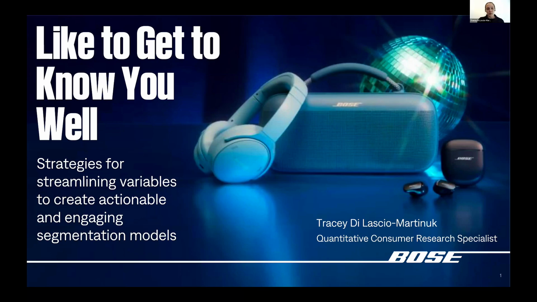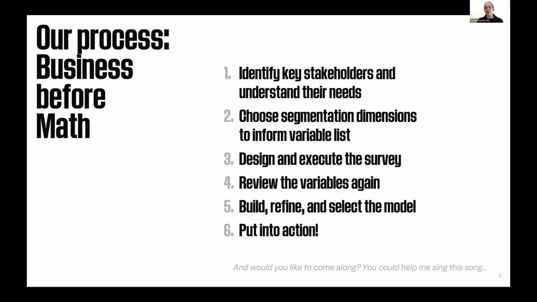And so I will walk you through the first couple of steps as a preview of what we'll be talking about. Generally speaking, this is the outline of what we did. The first step was identifying those key stakeholders and really understanding their needs. In particular, we wanted to understand the specifics around what they wanted to do, some examples.